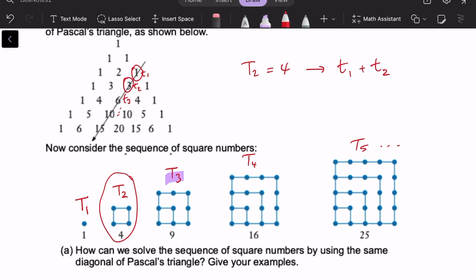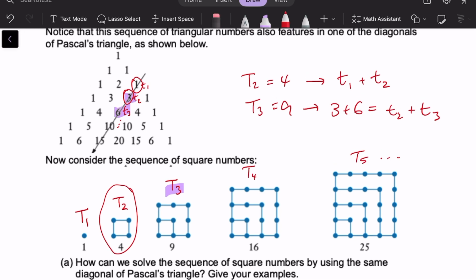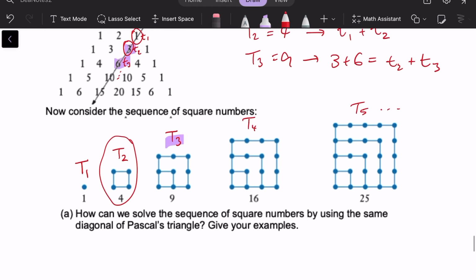So if you have t3, that equals 9, but that's also equal to term 2 and term 3, the sum of them. So it's sort of equal to its corresponding little t term plus the one before it.